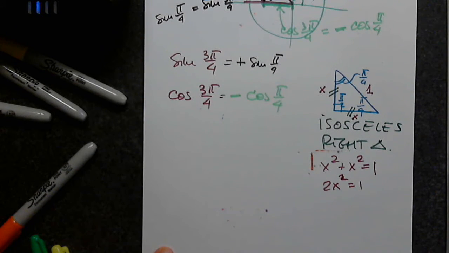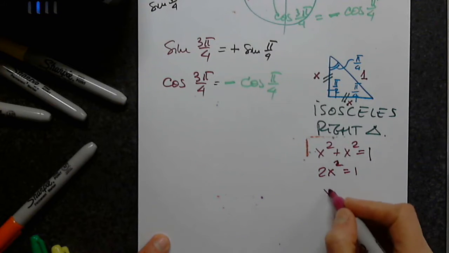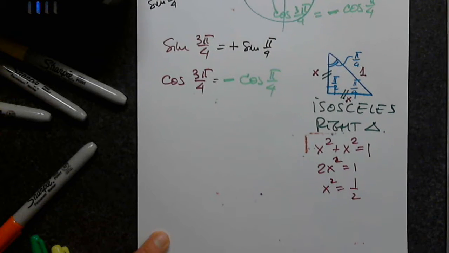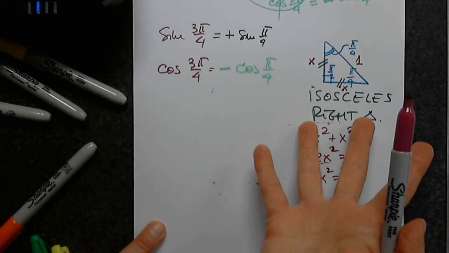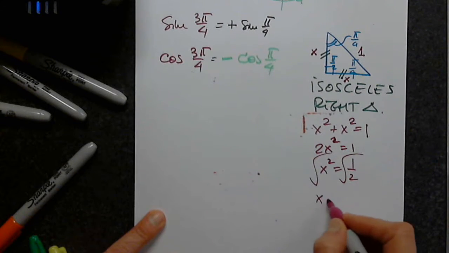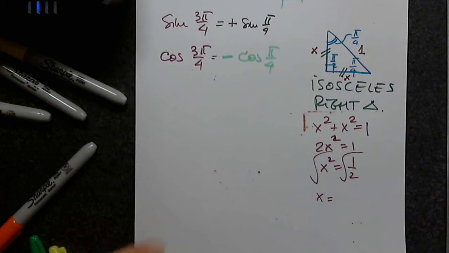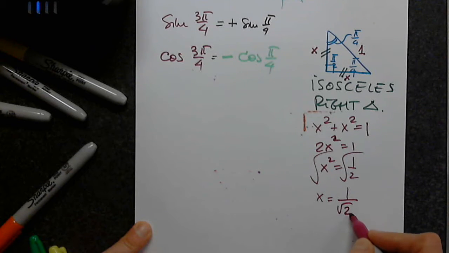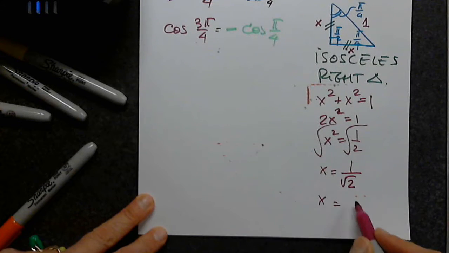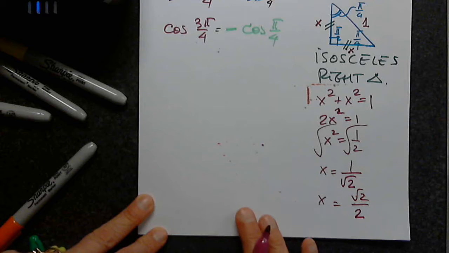What do I do first? Divide by 2. And now, since it's a length, I'm going to choose only the positive. The square root of 1 is 1, and the square root of 2 is the square root of 2, but I have to rationalize. So this is 1 over the square root of 2, but it changes into the square root of 2 over 2.